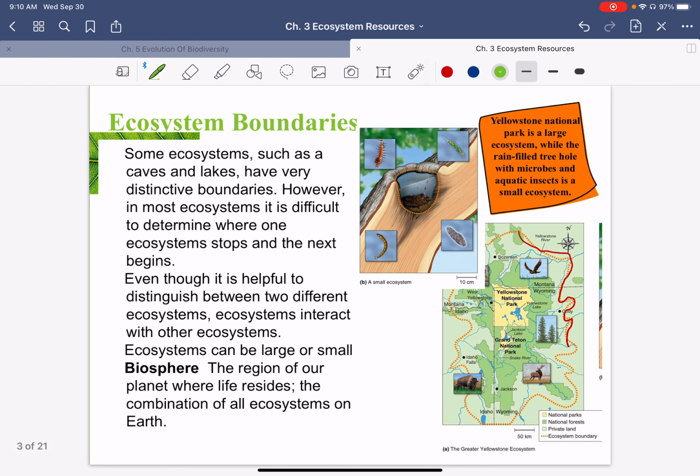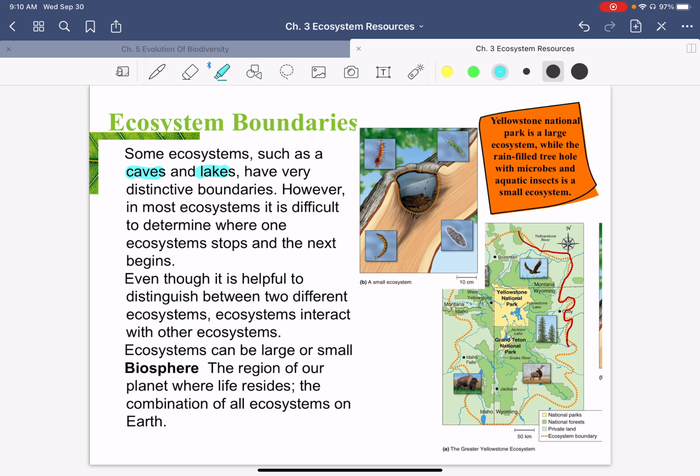First of all, when we look at different ecosystems, many times you have several ecosystems that are bumping up against one another. Probably the easiest thing to think of here is like the entrance to a cave or a lake shore, something that has a very distinctive boundary. With most ecosystems, it's far more difficult to determine where one stops and another begins.